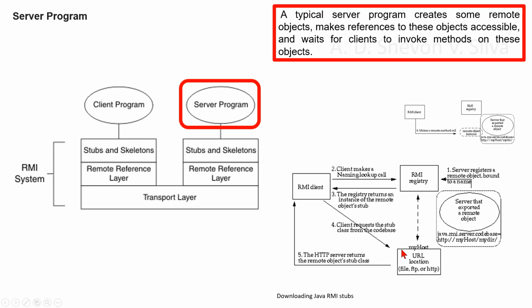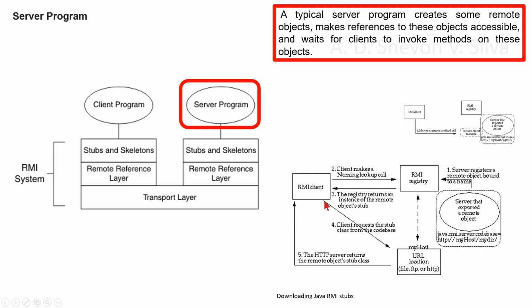Back in step 1, the annotated stub for the exported object was registered with the RMI registry bound to a name. Step 5, the class definition for the stub and any other classes that it needs is downloaded to the client.